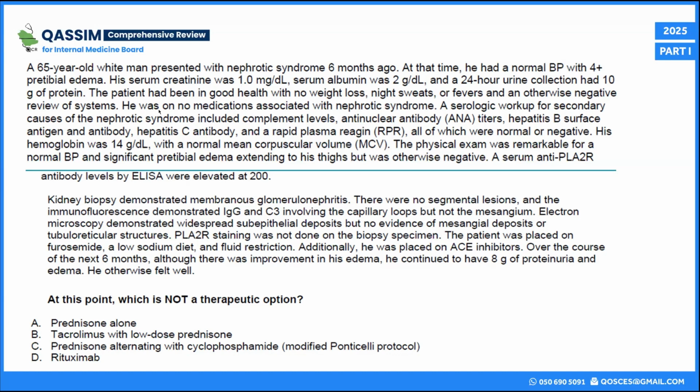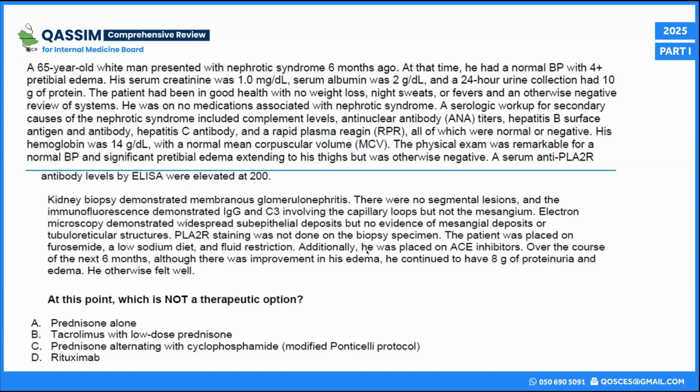So we are thinking of three: minimal change, FSGS or membranous. Workup was all negative. Serum anti-phospholipase A2 receptor was elevated, 200. So this is toward the diagnosis of what? Membranous. The kidney biopsy demonstrated membranous glomerulonephritis.